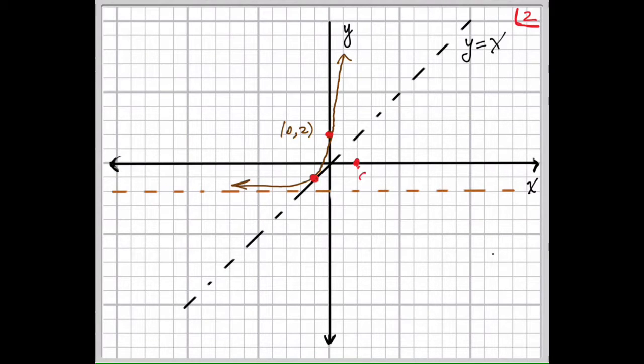It's going to be 2, 0. My asymptote is going to be vertical. Now instead of a horizontal asymptote, I'm going to have a vertical asymptote, and it'll be at -2. The vertical asymptote will be here.